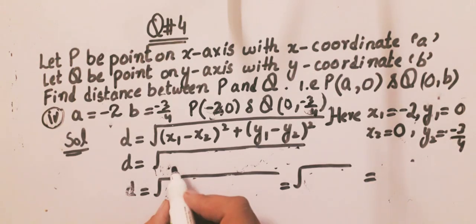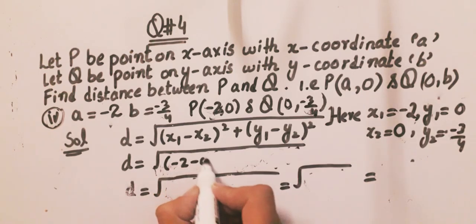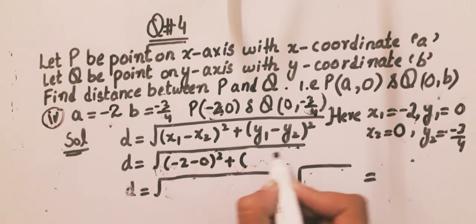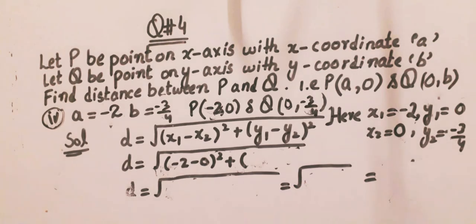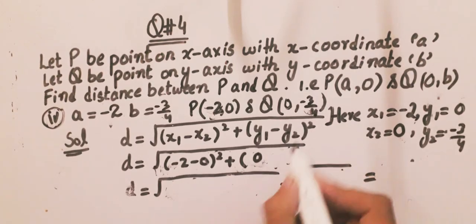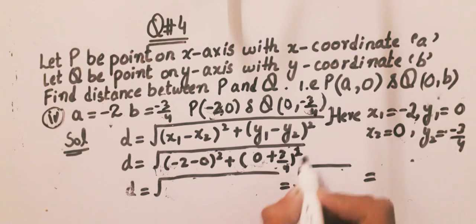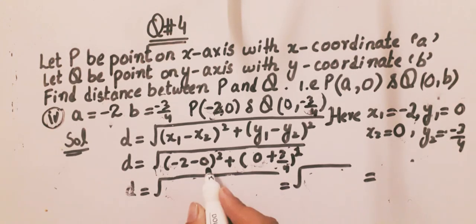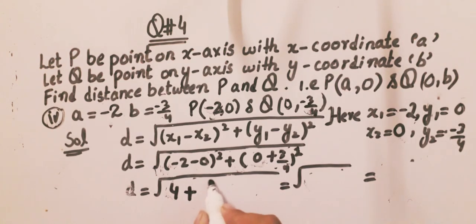Now x1 minus x2 means -2 minus 0 and y1 minus y2 means y1 is 0, so 0 minus minus will become plus 3 by 4 whole square. Now -2 square will become 4 plus 3 square is 9 and 4 square is 16.